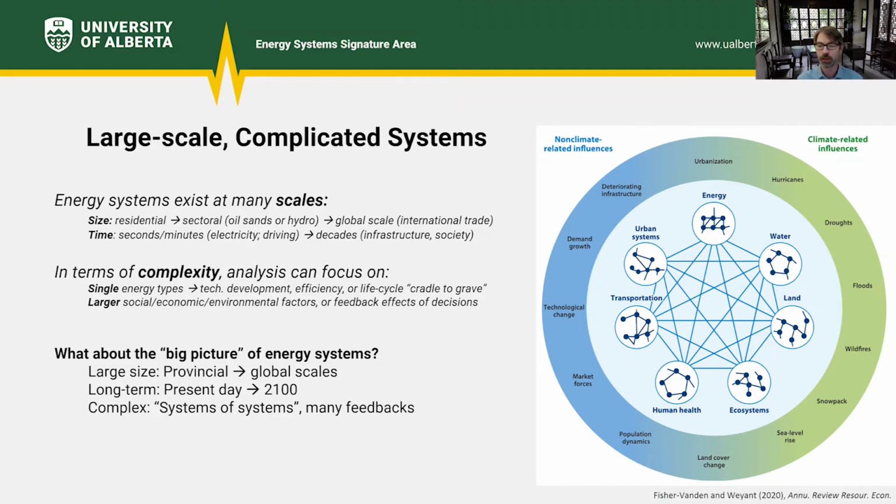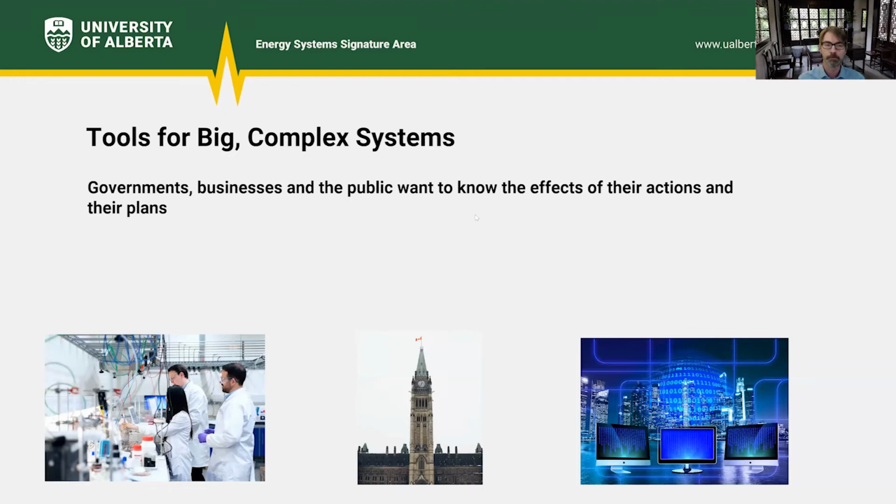To give you an idea of the sort of systems we're talking about, here's this figure on the right-hand side that shows energy systems, water, land, ecosystems, human health, transportation, and urban systems all linked together. And then we have all of these different factors within these systems and drivers of change.